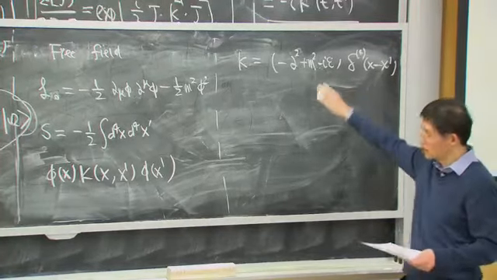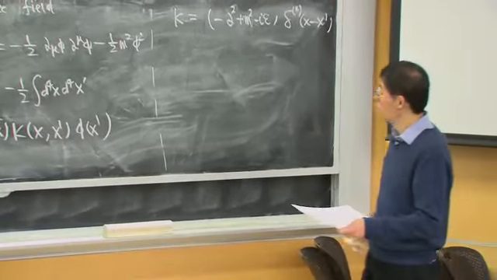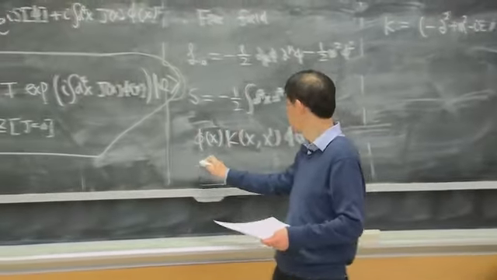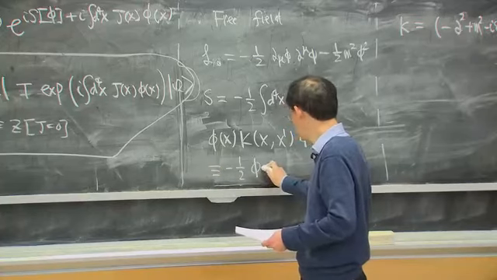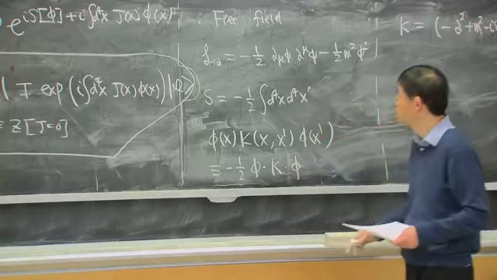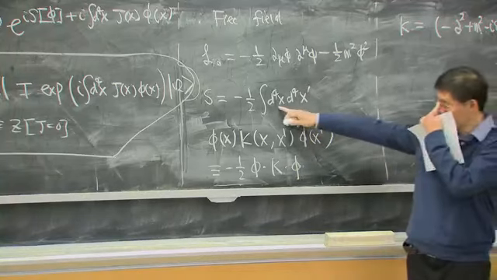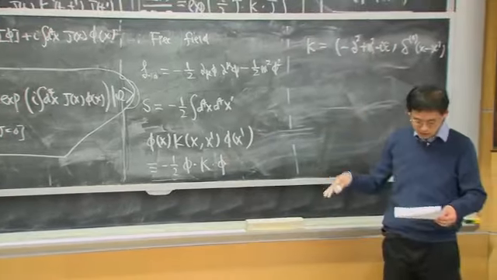Good. So again, in shorthand notation, we write this as minus 1/2 φ·K·φ. The only difference is that you change from integration over dt to integration over the full space-time. Everything else is the same.